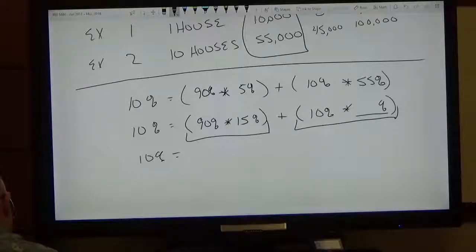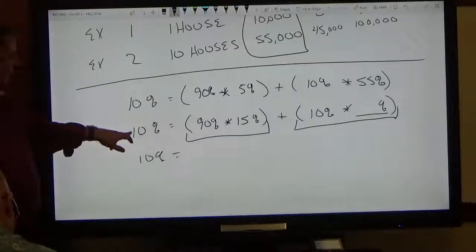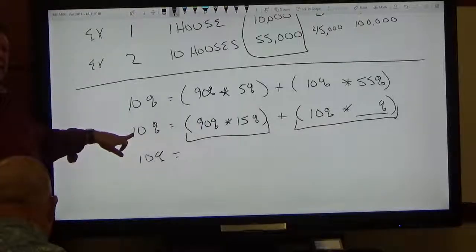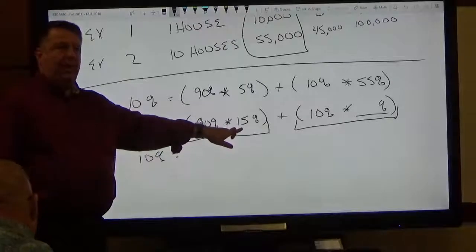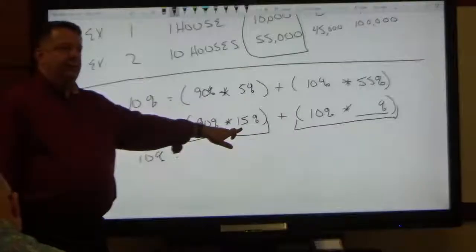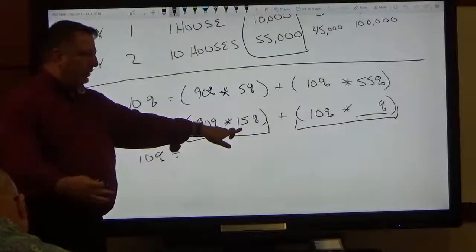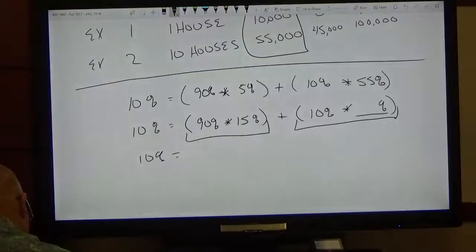Right off the bat you should say to yourself, wait a second, my project's only yielding a 10% rate of return. How in the world can I afford a 15% cost of debt? And you really can't, unless you go into the hole and take a loss.